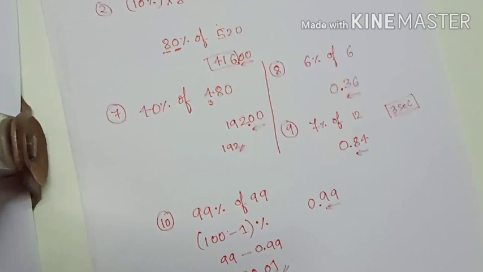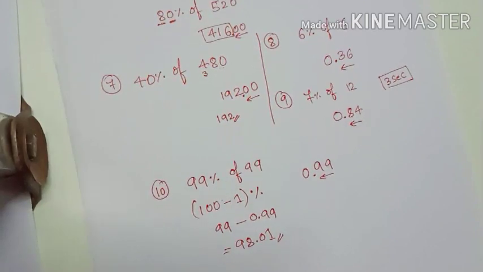So along with me, you also try the 11th problem. What I am saying here is, find 26% of 360. Right? Just by hearing the term 26%, you will be calculating.